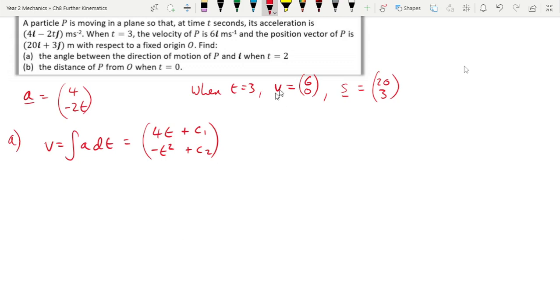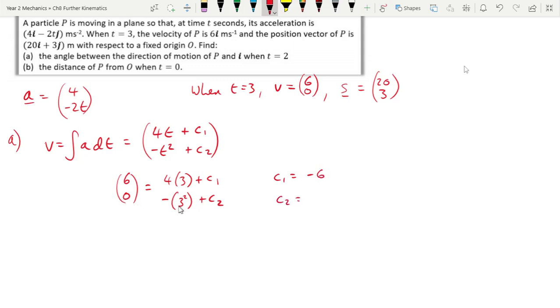Now to find those constants, I can use the information I was given. I'm told that when t was 3, v was (6, 0). So (6, 0) equals 4 times 3 plus c1, and minus 3 squared plus c2. So that tells me c1 is 6 minus 12, so that's minus 6.